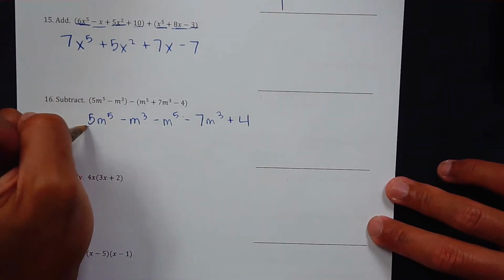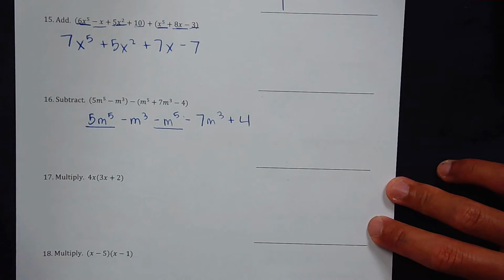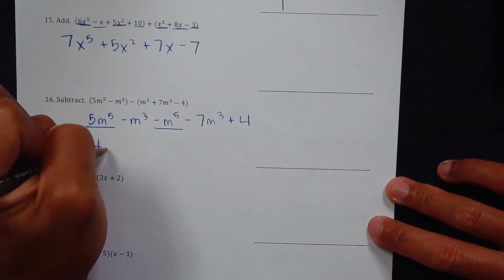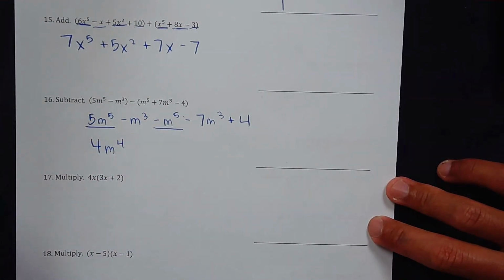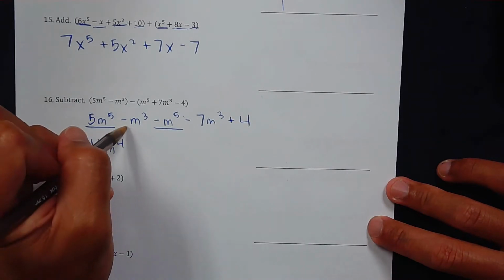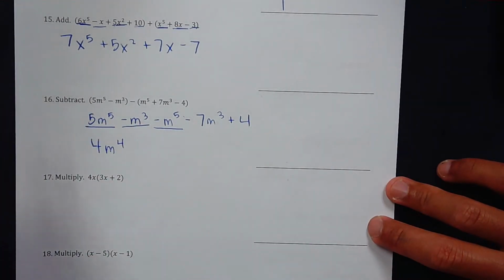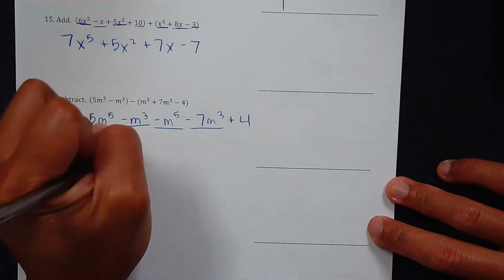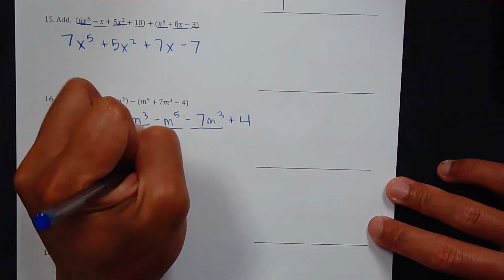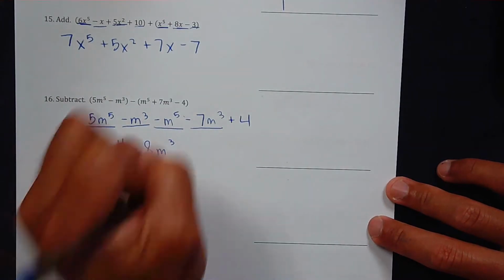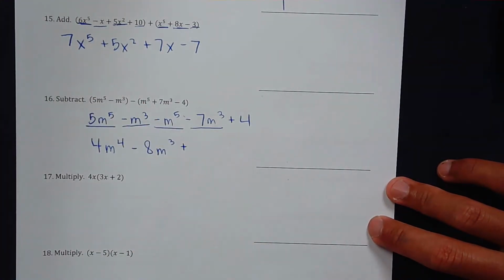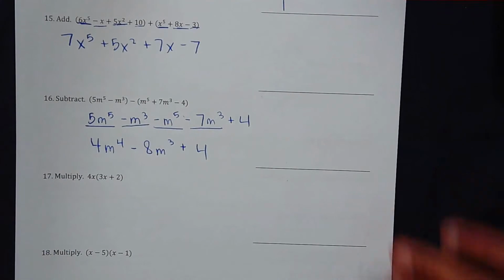If we have 5m to the fifths minus one of those m to the fifths, we're left with 4m to the fifths. Next, if we have negative 1m to the thirds and we go ahead and subtract 7 more of those m to the thirds, we have negative 8m to the thirds. And then lastly, we just have that 4. So we still have to write that 4, so we just write it.